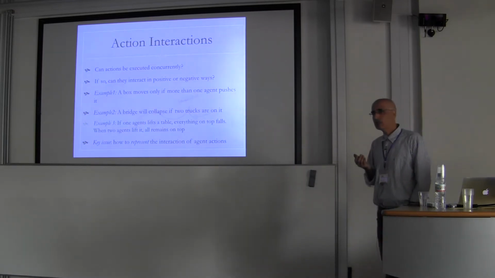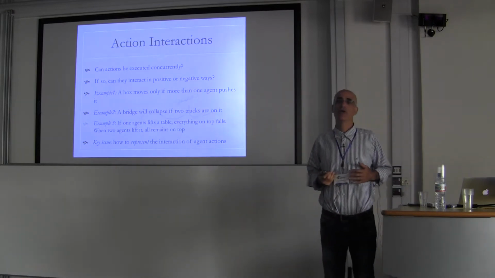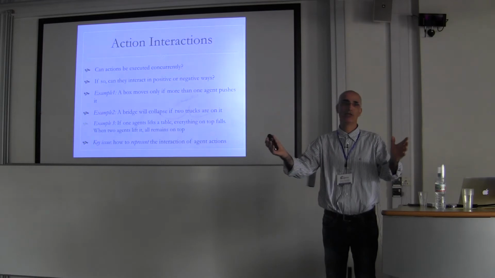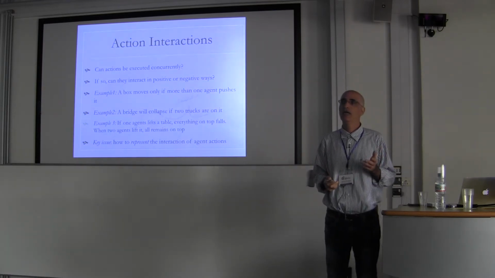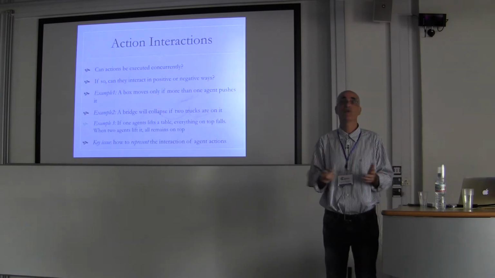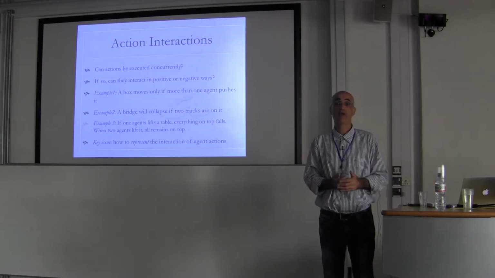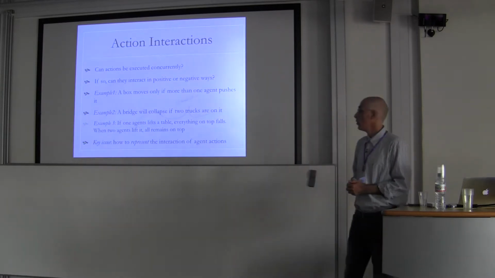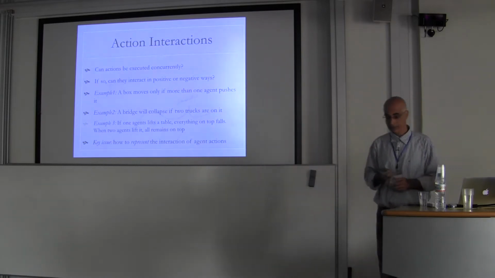You may get a sense already that, if beyond describing what my action can do, I also have to take into account the interaction between the actions of different agents, then that causes a potential exponential explosion in the number of scenarios I have to take into account, right? Exponentially in the number of acting agents. So that's a key issue. How do we represent interacting actions?